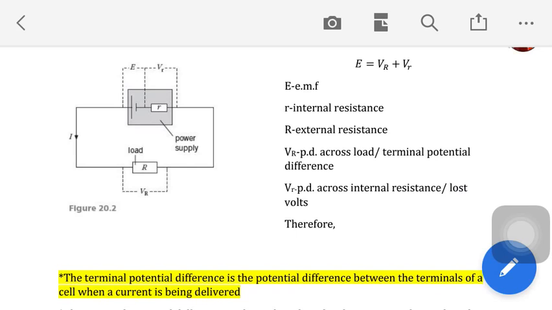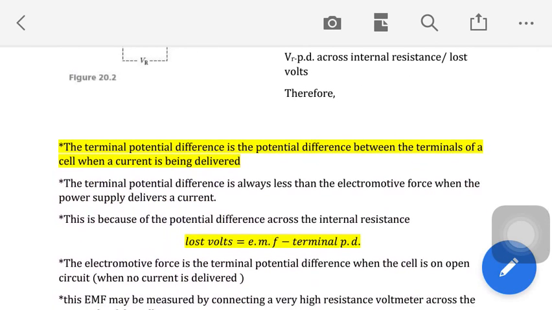The potential drop across internal resistance and the potential drop across the resistor happen only when there is a current, right? So that's why, when you're saying what the terminal potential difference is, you are saying that when there is a current. We're going to see what if there is no current.